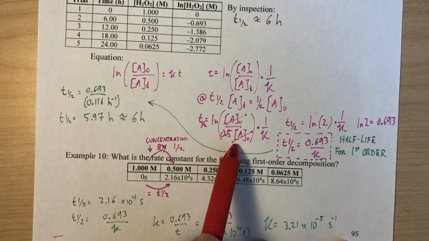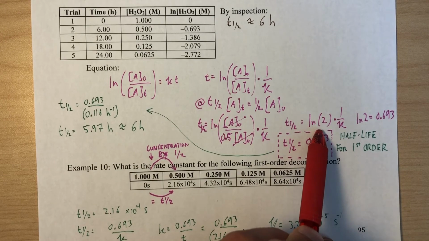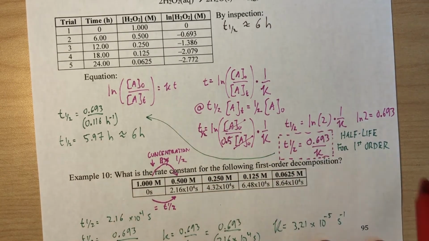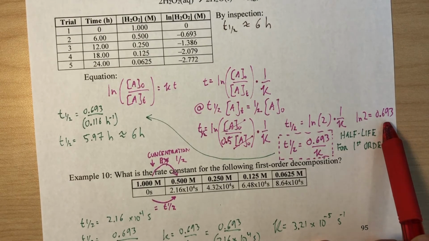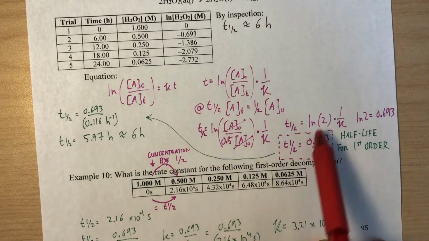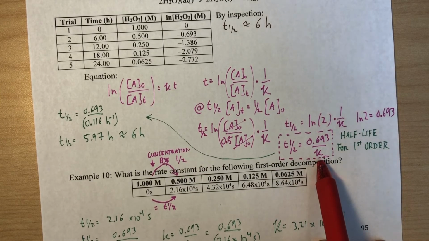The A initials cancel, and we get a t1/2 that's equal to the natural log of 2 times 1 over k, because 1 divided by 0.5 is 2. The natural log of 2 is 0.693. So, without including any actual data and just simplifying our equation, our t1/2 is equal to 0.693 divided by k.